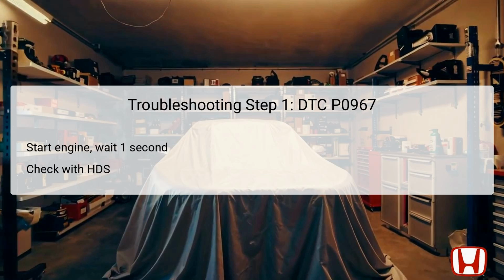The HDS will provide a detailed overview of any existing fault codes, including DTC P0967. Additionally, it can perform real-time monitoring of voltage and current readings, allowing technicians to diagnose not only the presence of DTC P0967, but also any other related issues within the transmission system.